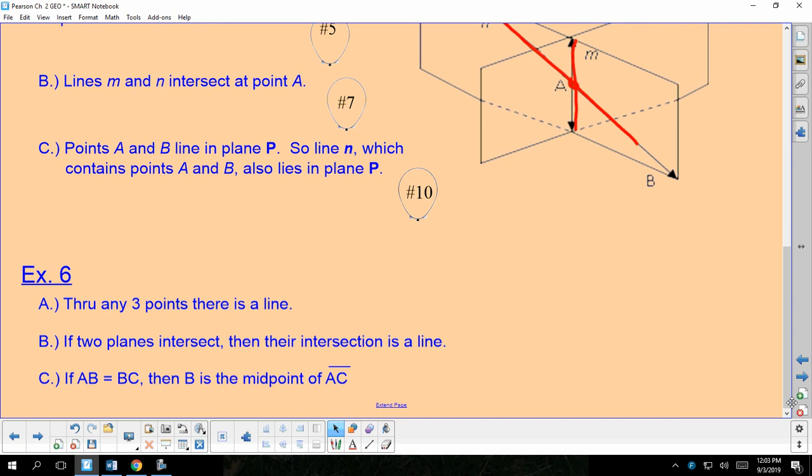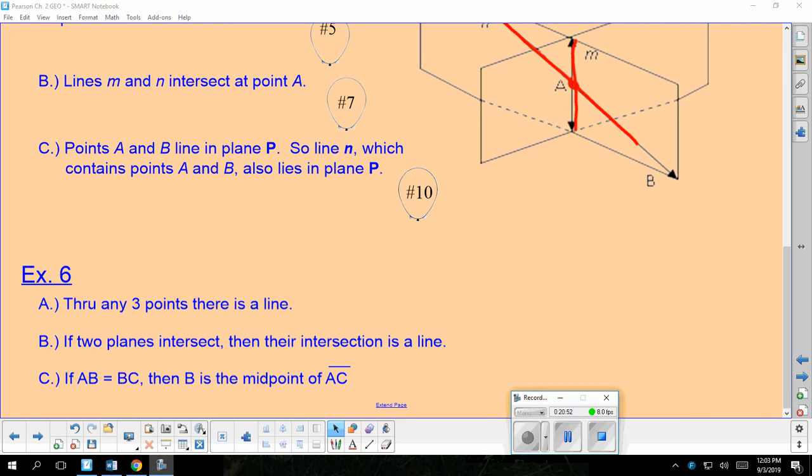Our last example: decide if the statement is true or false. If it's false, give a counterexample. So one of these is true, two of them are false. You need to come up with two counterexamples.